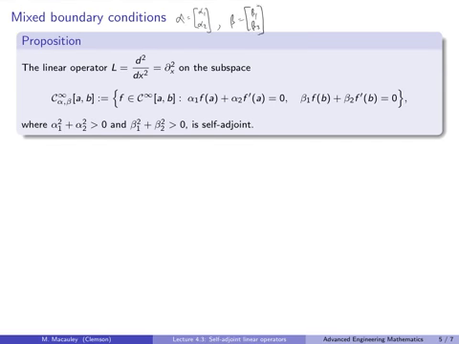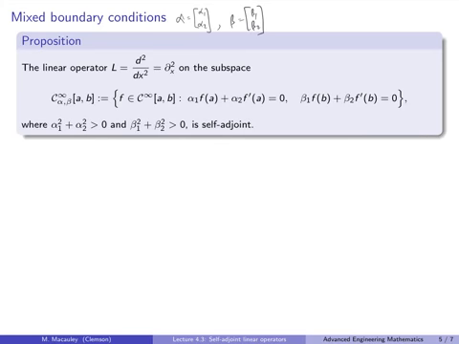These are real numbers. And alpha and beta are non-zero vectors. They can have 0 entries, they just can't be all zeros. So a compact way to say that is that alpha 1 squared plus alpha 2 squared is positive, and beta 1 squared plus beta 2 squared is positive.